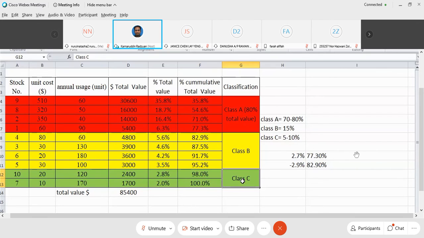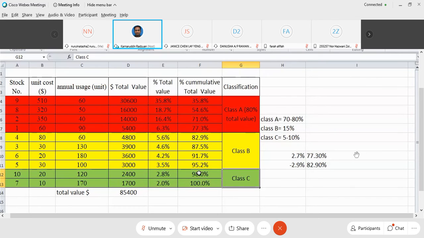Ada setengah organisasi yang praktikal, ada masa kita buat kajian, saya ada buat kajian berkaitan dengan classification of inventory dan ada industri, ada company yang membuat classification of inventory ni bukan hanya dipecahkan kepada 3 sahaja, tapi ada yang 4 dan ada yang 5.